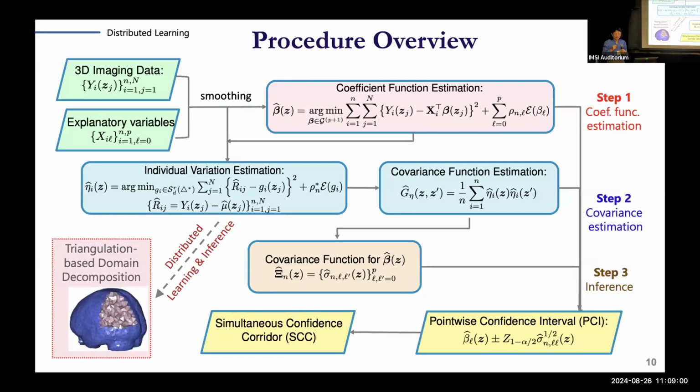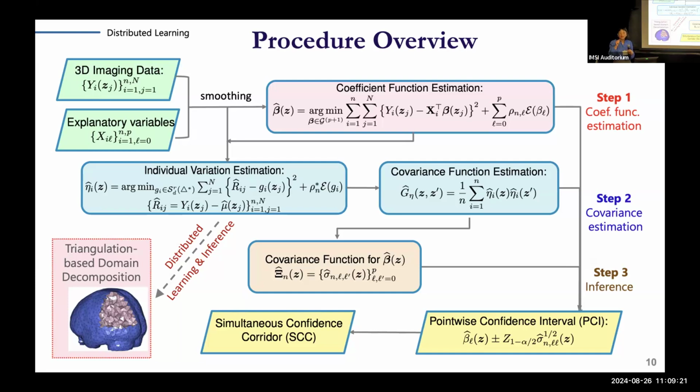To address this, what we propose is a distributed learning and inference approach. Our approach is based on triangulation, and there are a couple of advantages to using triangulation. First, it can approximate very complex shapes of objects, such as the brain domain.